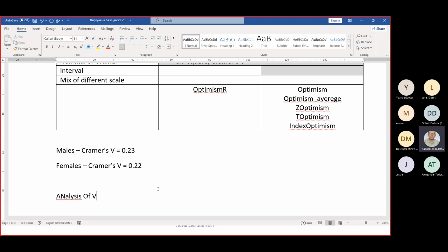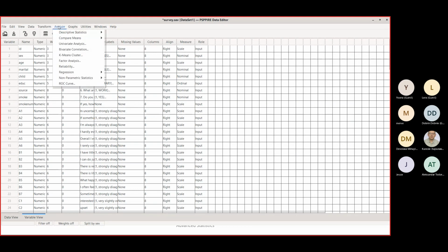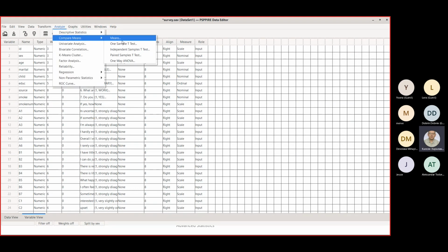You can see here that ANOVA is analysis of variance. So I will choose here analyze, compare means, one way ANOVA.